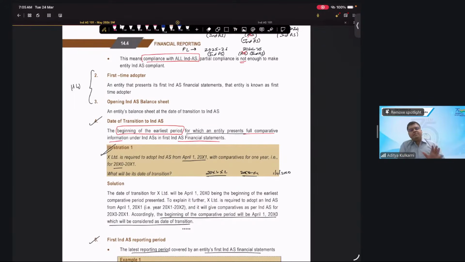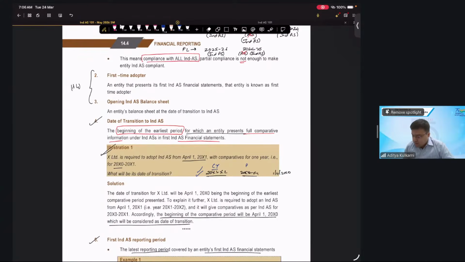So basically, your transition date will be the beginning of the first period when you are going to apply the Ind AS principles. So if we look at this question, an entity is required to adopt Ind AS from 1st April 20X1 with comparatives for X0, X1, that is the previous year. So what will be the date of transition? X1, X2 will be the current year when you are going to apply.